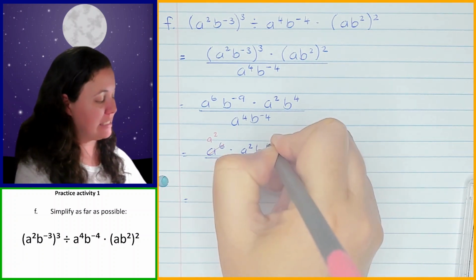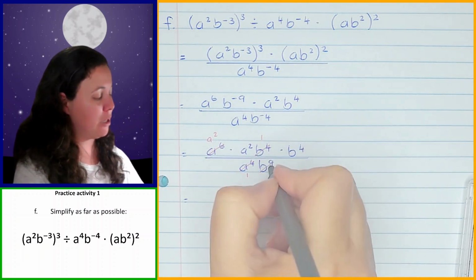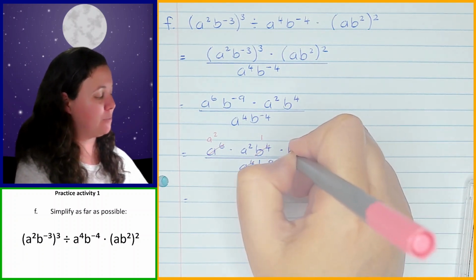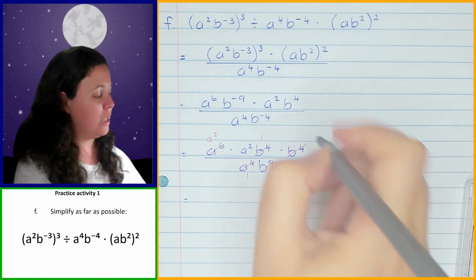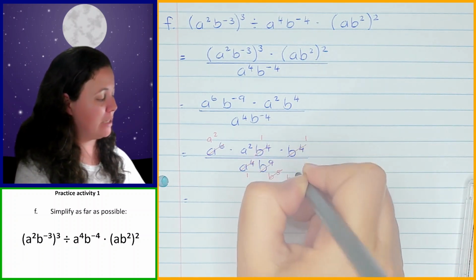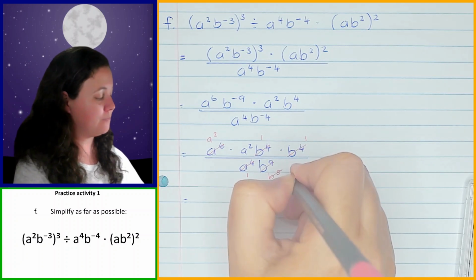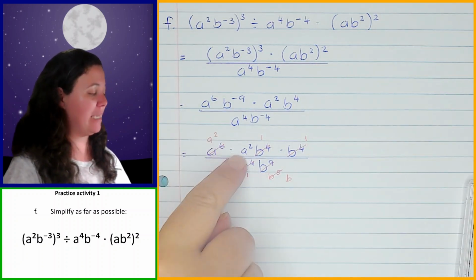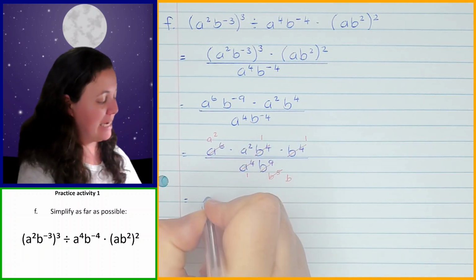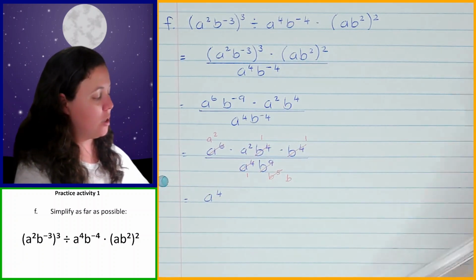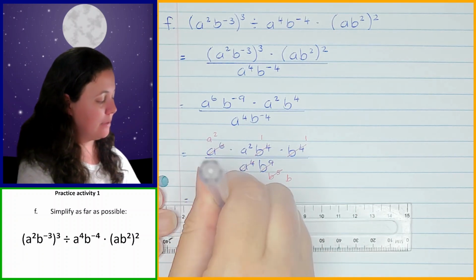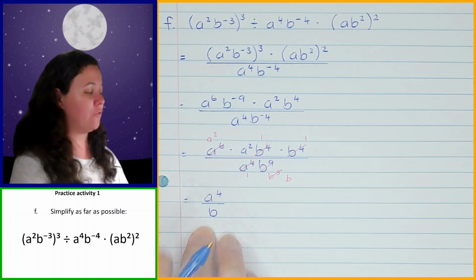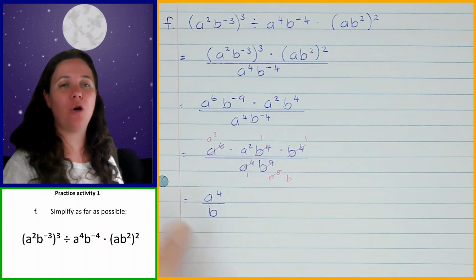Cancelling these out gives me 1, and b to the power of 9 minus 4 is b to the power of 5. Then b to the power of 4 and b to the power of 5 cancel, giving me 1 and b to the power of 5 minus 4, which is just b. So at the top of my fraction, I'm left with a squared times 1 times 1, which is a to the power of 4 over, at the bottom of my fraction, 1 times b, which is just b. So for that question, you should have got a to the power of 4 over b.